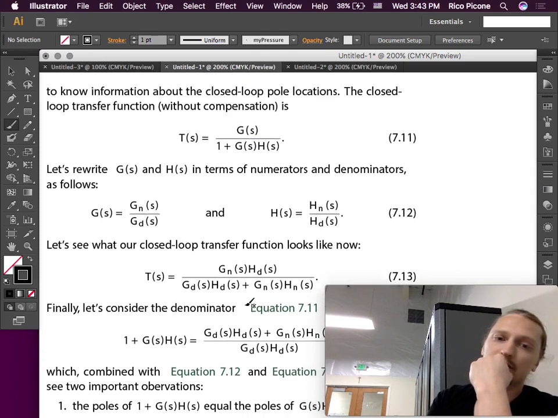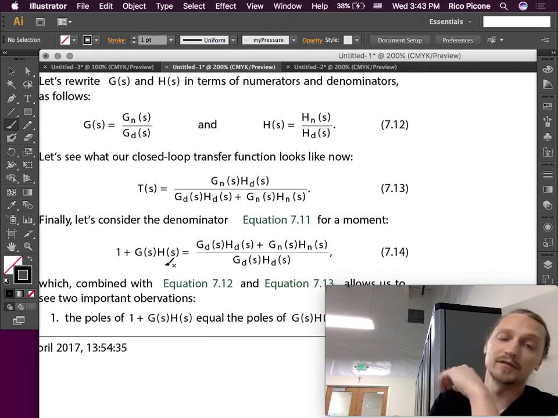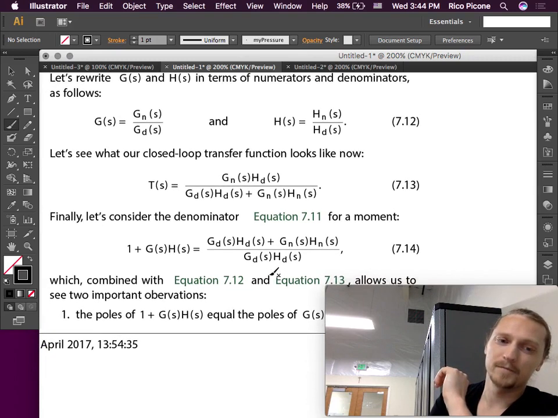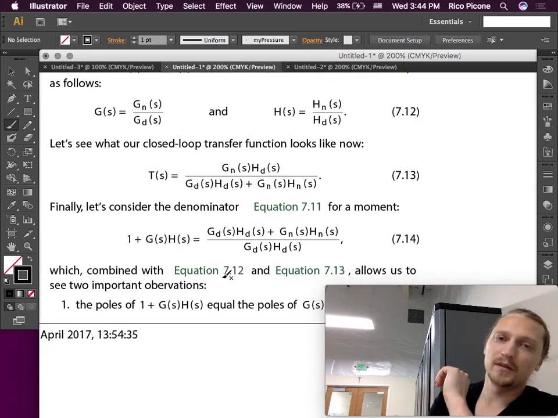Oh, we just plugged in. Sorry, there's a lot of terms here. So 1 plus GH, if we plug in G and H with the numerator-denominator notation, we get this expression, okay? Which, combined with equation 7.12 and 7.13, allows us to see two important observations.